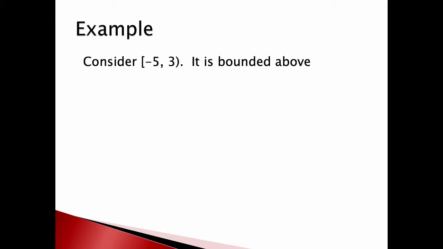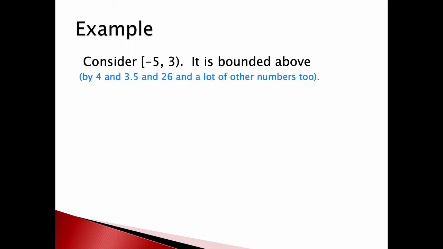Okay, definitely need an example. So let's look at a set. This is the set from -5 to 3. So this includes the -5 because of the bracket, doesn't include the 3. It's all the real numbers in between -5 and 3, counting the -5. It's bounded above. So let's pause for a second and think, what are some numbers that are bigger than all the numbers in this set?